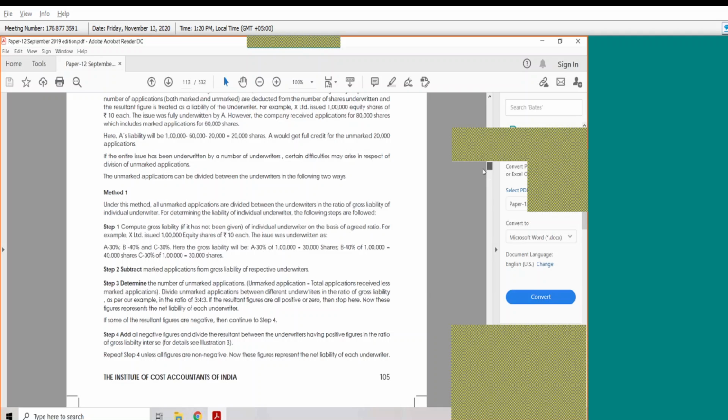What are the conditions, what are the types of underwriting: firm underwriting, conditional underwriting, and also marked application, unmarked application. All these things we discussed in the previous class, and we worked out the problems also.